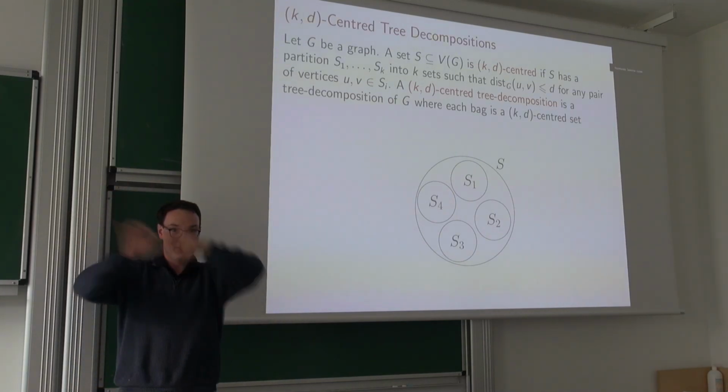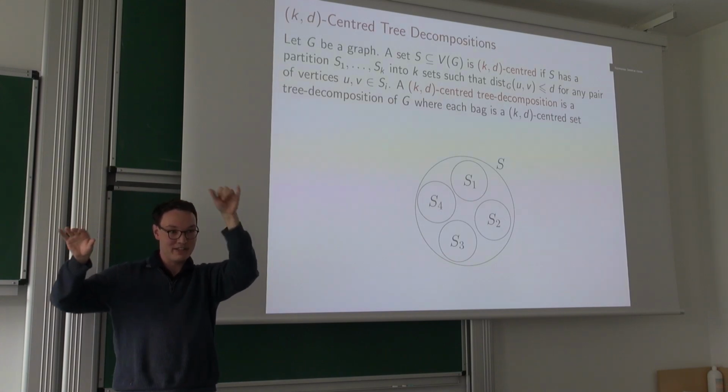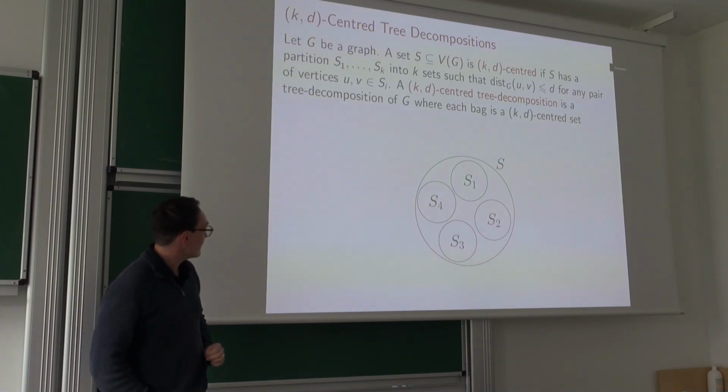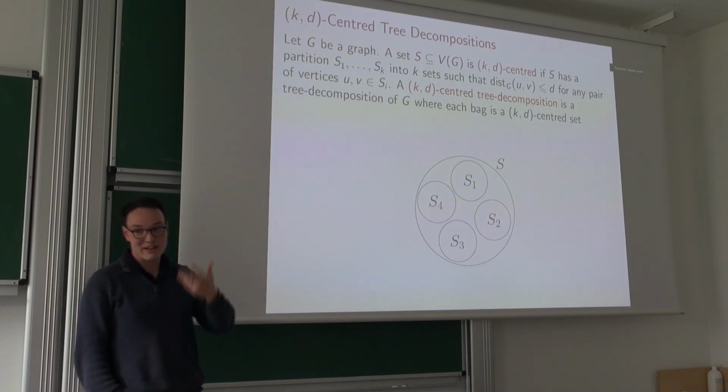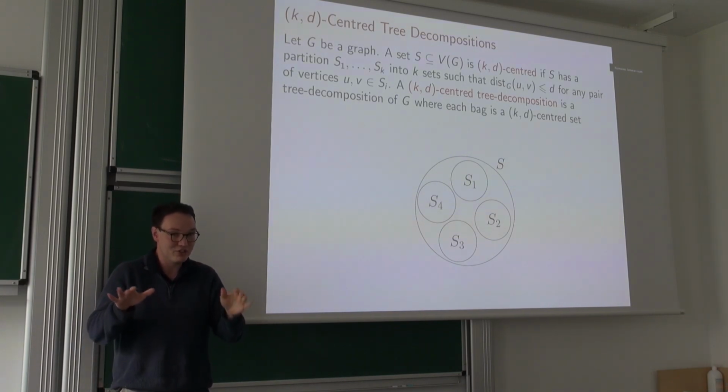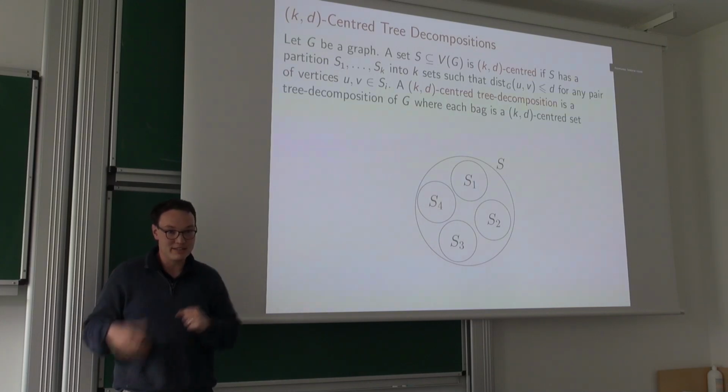So you have a set partitioned into K parts. Within each part, things are close together at distance at most D. And we say a tree decomposition is a KD-centered tree decomposition if each bag is KD-centered.